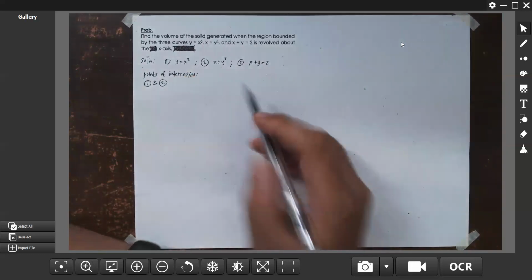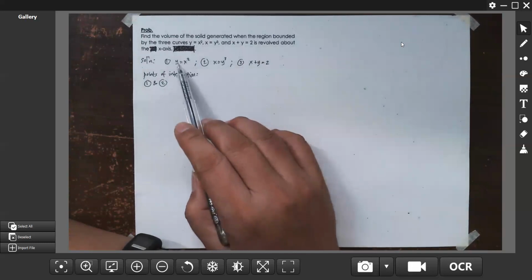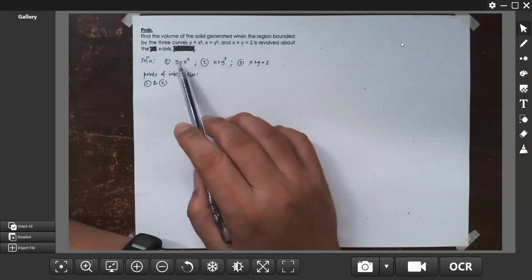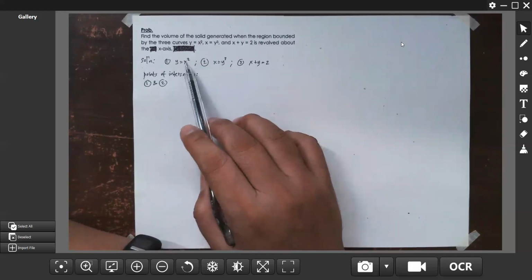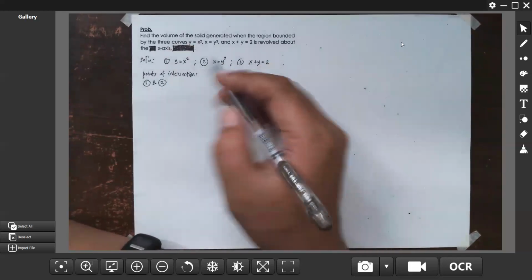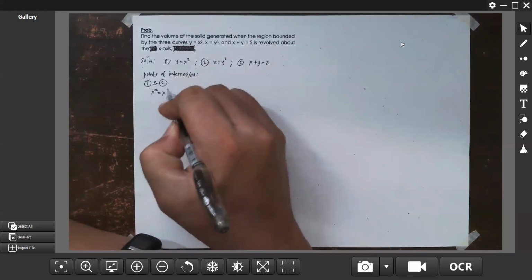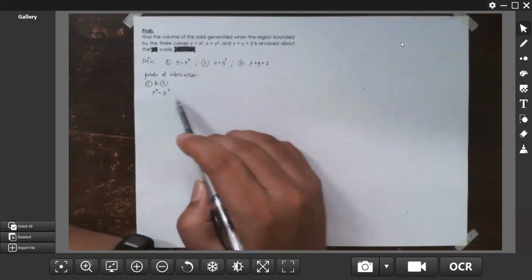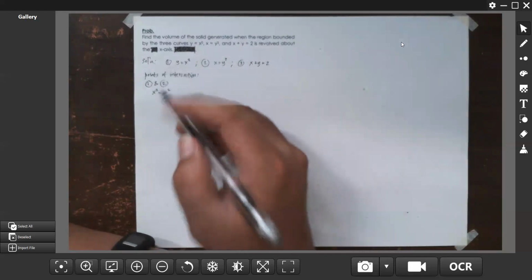If you examine curve 1 and 2, you cannot simply equate y equals y or x equals x. For curve 1 you have y, for curve 2 you have y cubed. For x, you have x squared and then x. So instead, we'll equate x squared against x squared.